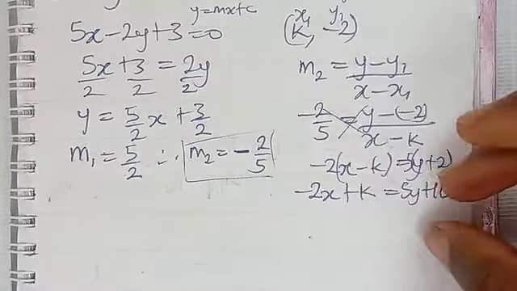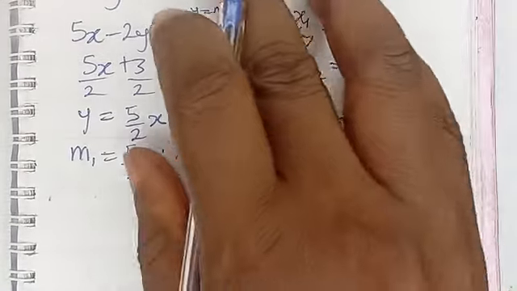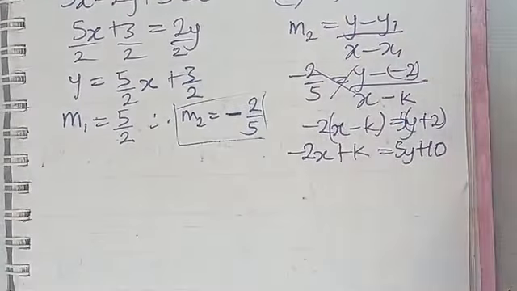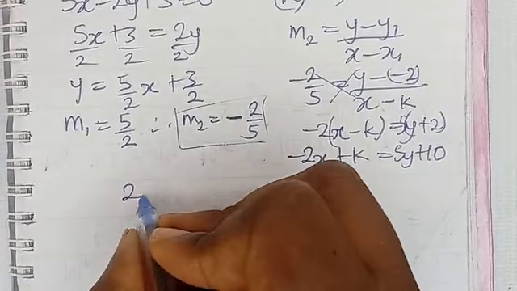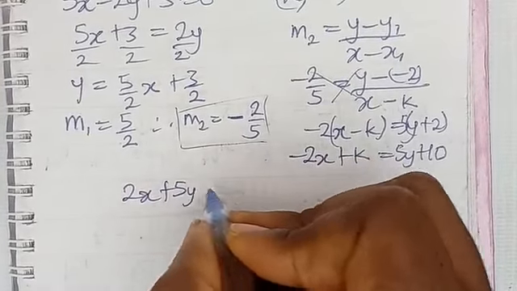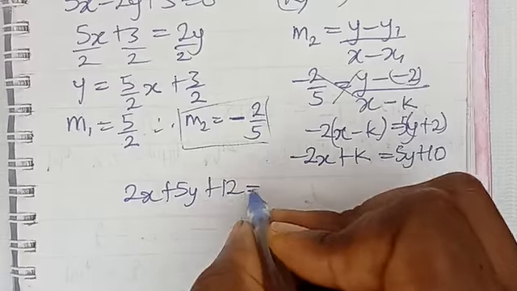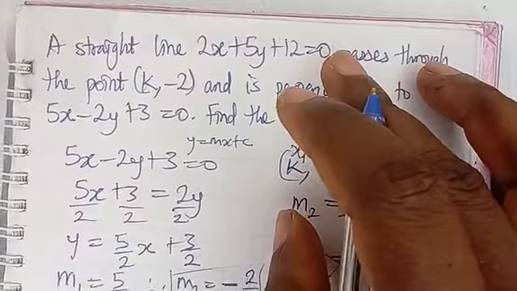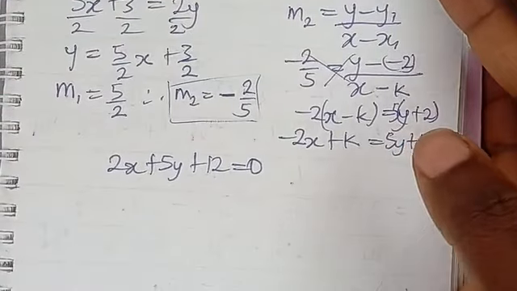Okay, before we rearrange this equation, let's compare it with the equation of that line given to us. So we have 2x plus 5y plus 12 equal to 0. So this is that equation given to us in the question, right? So we've written it down.